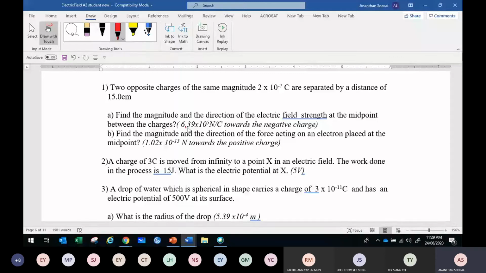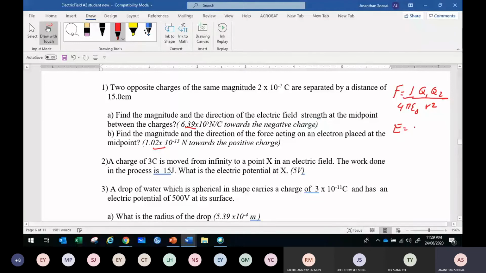Get me the answer. So F equals 1/4 pi epsilon naught Q1Q2 over r squared.